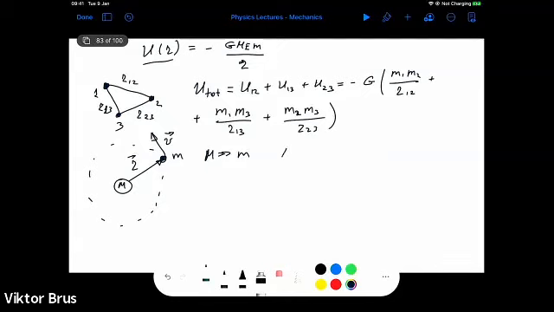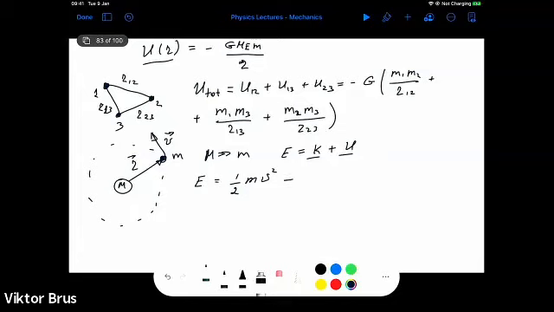So total energy will be the sum of kinetic energy plus potential energy. And let us write the expressions for these kinetic and potential energies. So kinetic energy is given as 1 divided by 2 m times v squared.